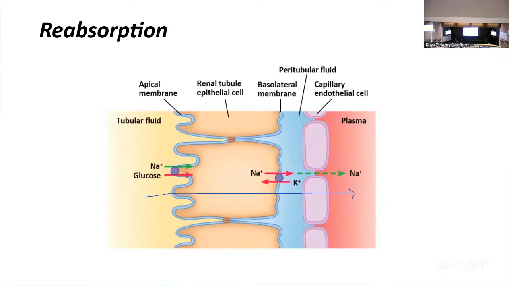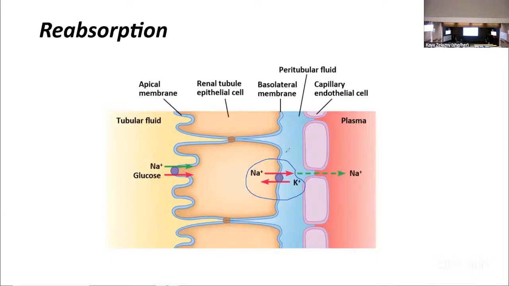We can see some of the things on this diagram that are going to be really important for driving this reabsorption in the proximal tubule. I want to point out that we have sodium-potassium pumps on that basolateral membrane. If any of you took bio of the cell as your prerequisite, you may have looked at cells like this, tracking how our sodium gradients work. We're taking all that sodium and pumping it out.